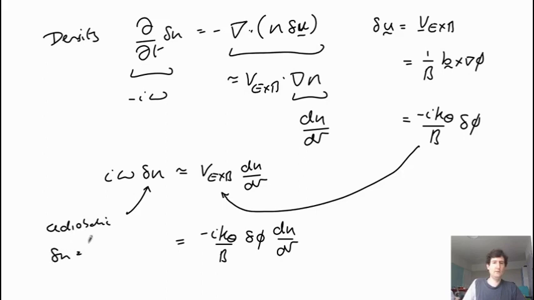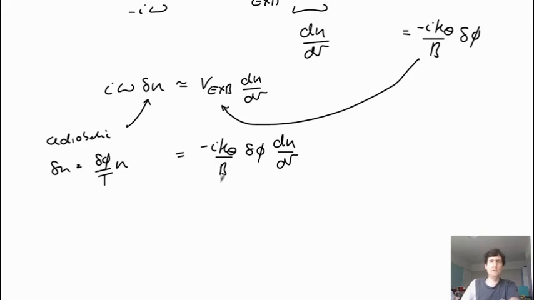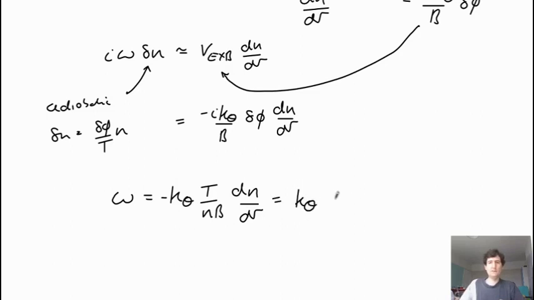So delta n is just delta phi over T times n, and so we can get an expression for omega. We cancel out the delta phi here and delta phi here, and we end up with a dispersion relation. We can write it in a slightly different way. So this is basically k theta, which is the k in the poloidal direction perpendicular to B and n, times the velocity, sometimes called v star, and this whole thing is called omega star.